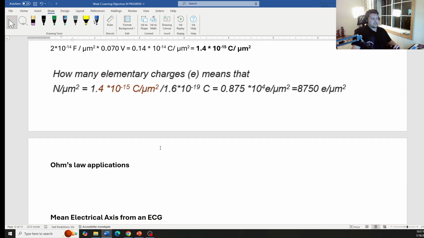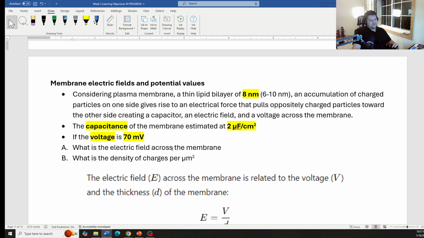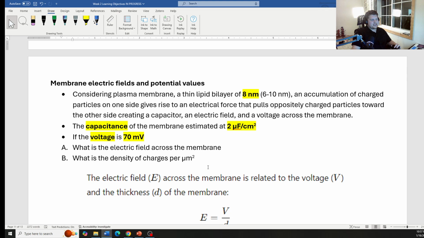These equations killed me. I tried to break them down a little bit better, just so you can actually see what's going on. I don't entirely understand the total point behind this. I believe it is because of the plasma membranes within all of our cells.